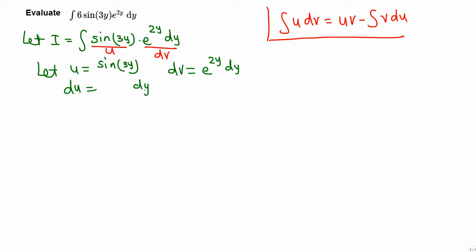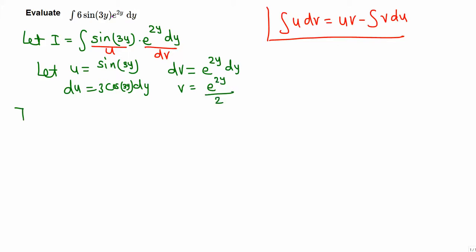I'm going to write dy over here, and the derivative of sine 3y is cosine 3y times the derivative of 3y, which is 3. I'm going to write that in the front. Okay, and integrate both sides: v equals the antiderivative of e^2y, which is e raised to 2y divided by 2.